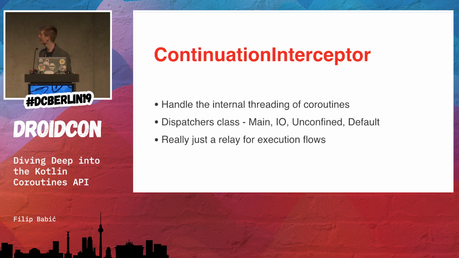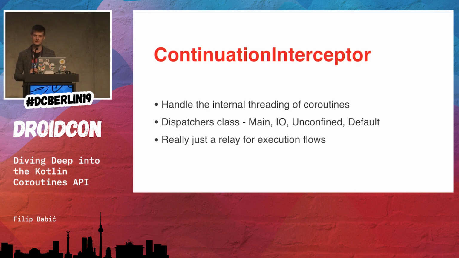So you have the main, IO, unconfined, and default instances. The main is used to publish to the main thread, so anything with a UI element can use the main dispatcher. The IO is used for big operations and IO operations, makes sense. So things like network calls, reading files, and so on and so forth. And the unconfined is a bit weird, but it's used for testing.